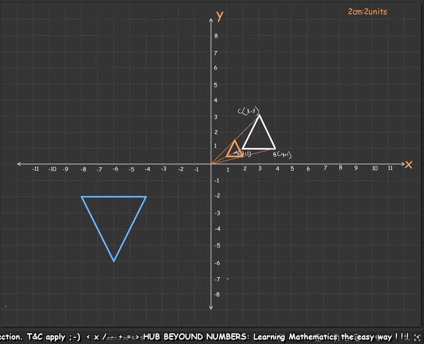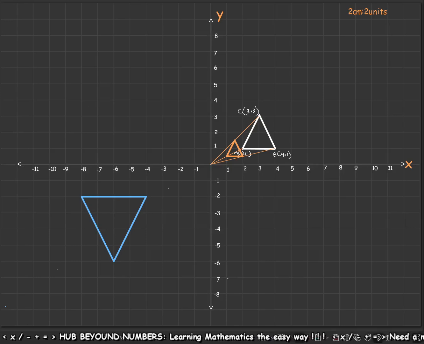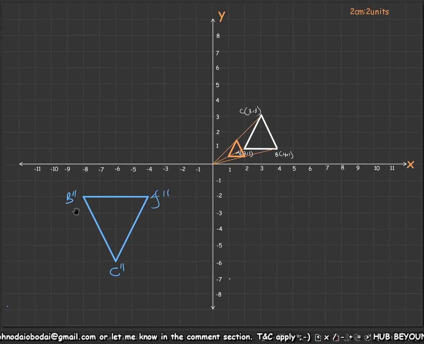So drawing our lines, the C should align with this C over here. Let me do the label so that you see what I'm talking about. So this here was actually your C3.